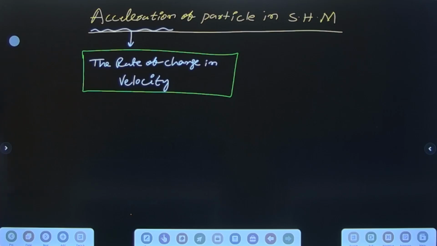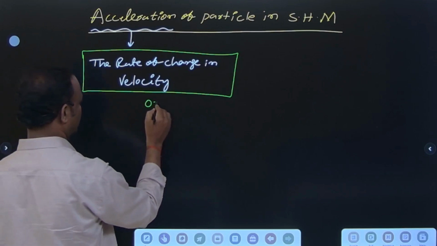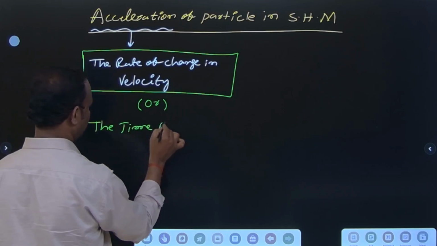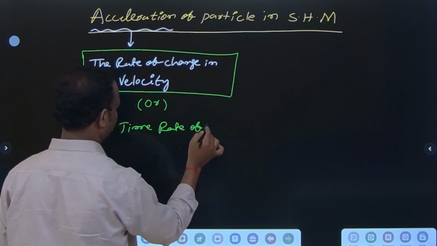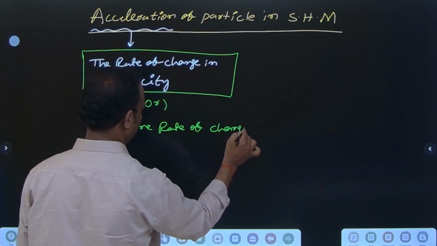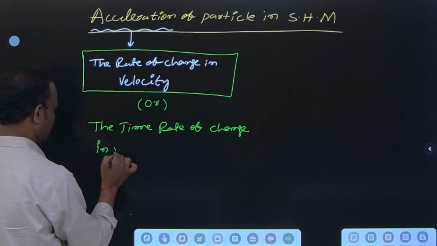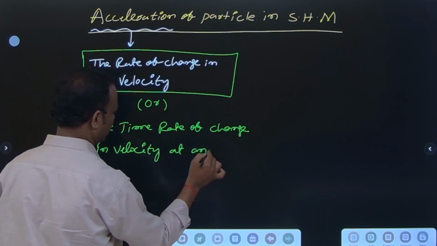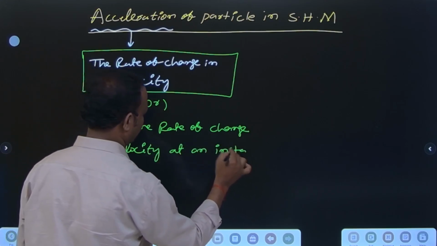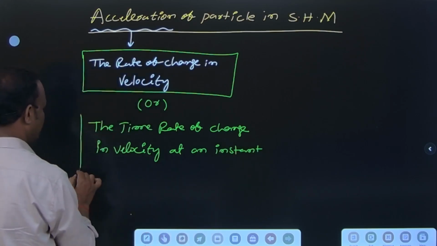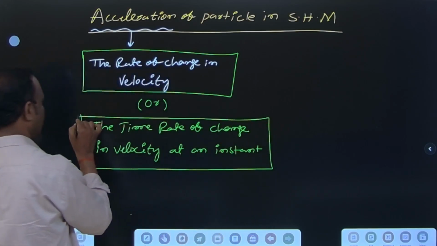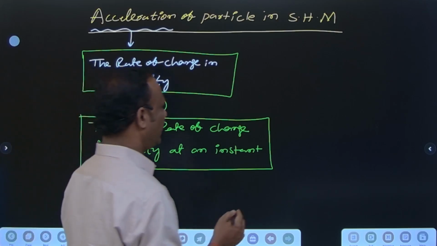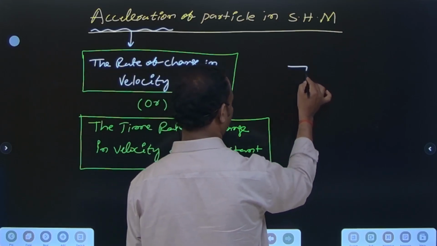We can also say the time rate of change in velocity at an instant, at a particular time, is acceleration. So for the acceleration of the particle in SHM, we can use this.